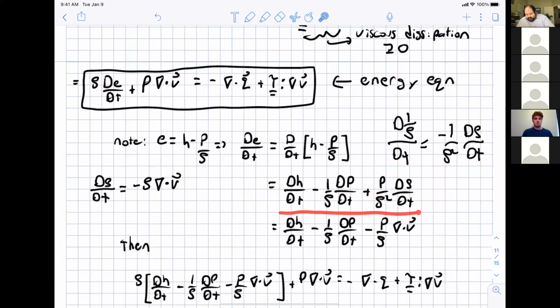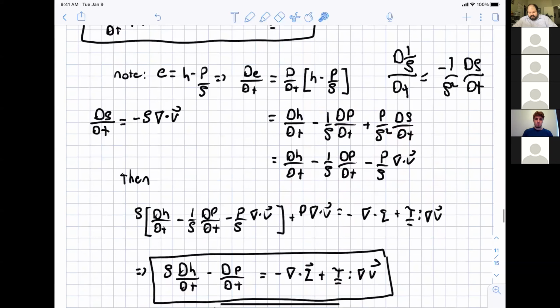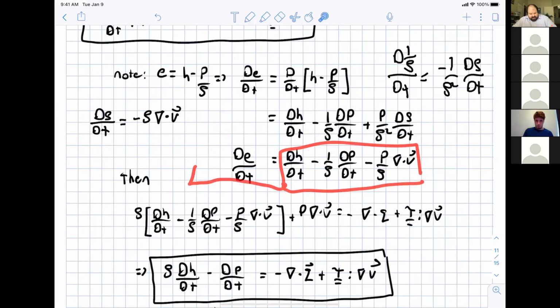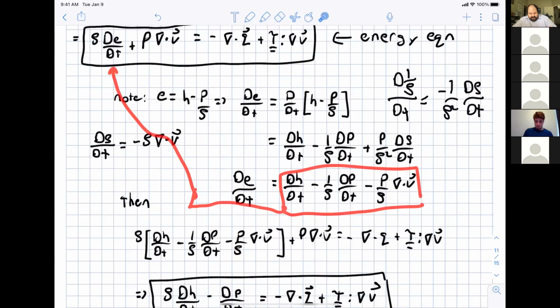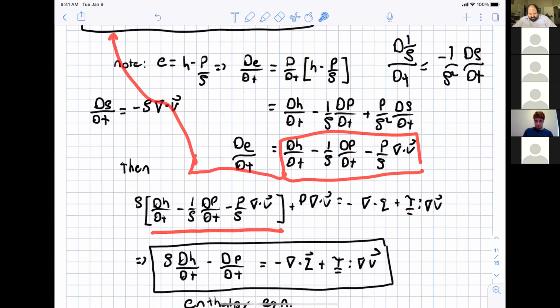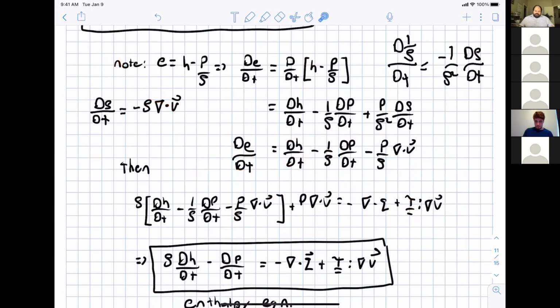If I do that step, I get this equation here, where this is minus P over rho times the divergence of the velocity vector. Okay, so now my goal here is to convert this to an enthalpy form. So this here is just dE/dt. I'm going to take this definition of dE/dt and sub it into the internal energy equation right here. In doing that, I get this term right here, and none of the other terms have changed.